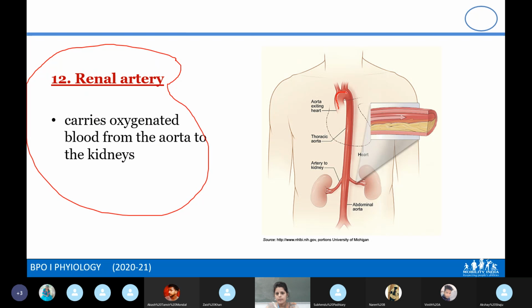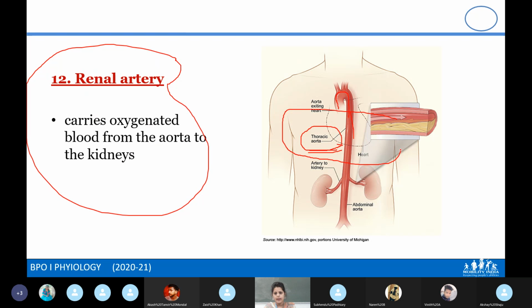Arch of the aorta. From the arch of the aorta, the thickest artery goes down and divides into the thoracic aorta, where the thorax is present. The thoracic region, the chest region, is supplied by the thoracic aorta.